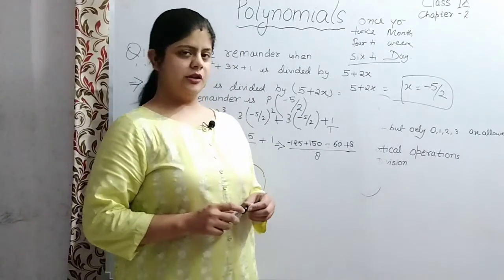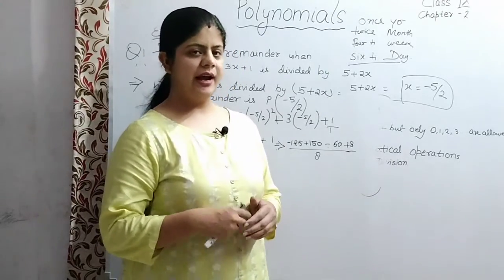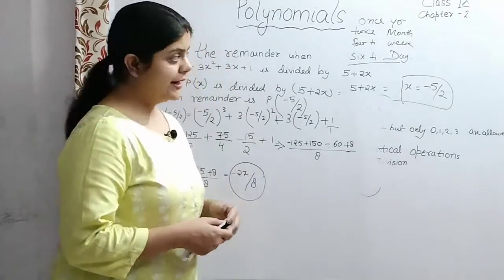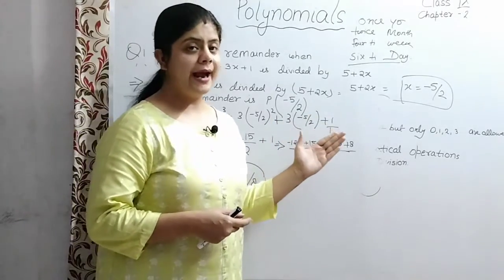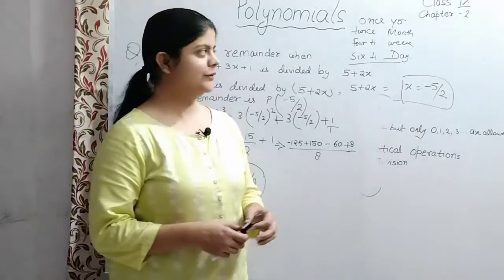I give some hints also. It is related to maths. I am giving you one more hint: it is related to odd and even numbers. Okay, I am telling you.